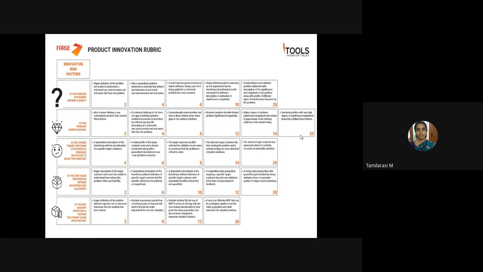So for the second category, you can choose 8, 12, 14, or 20, based on the need of your project. Based on the importance of your project idea, you can give the marks.